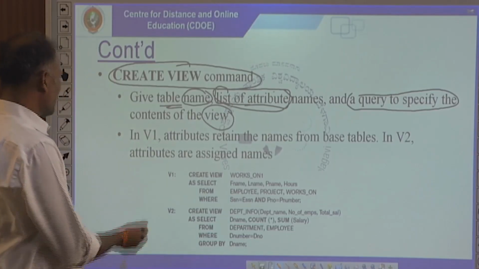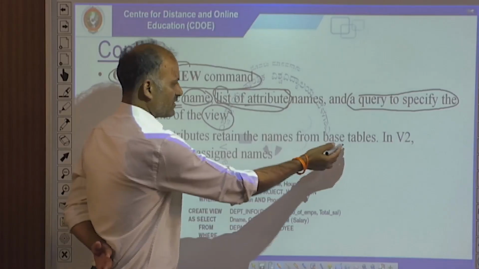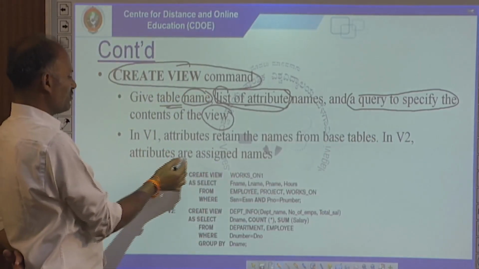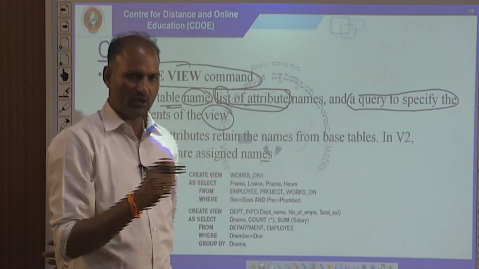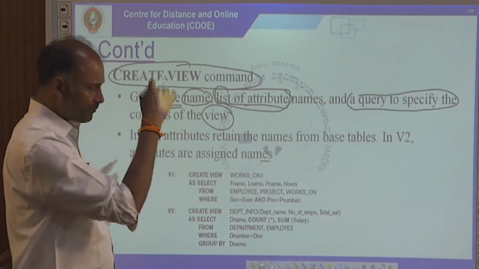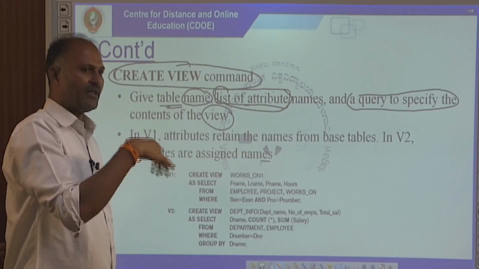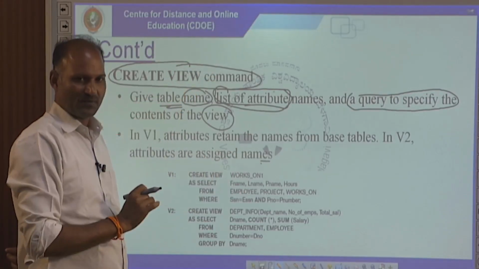So now let us say in view 1, attributes retain the names from the base tables, and in view 2, the attributes you specify in the view can be renamed, or you can keep the same name as present in the table.